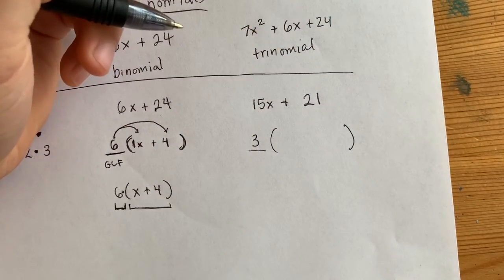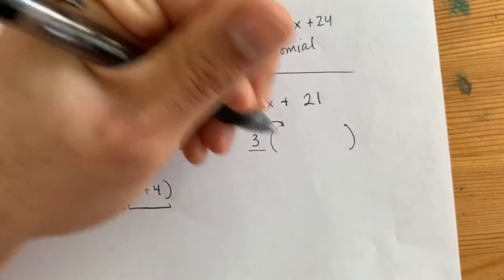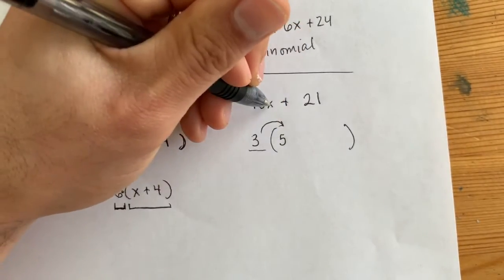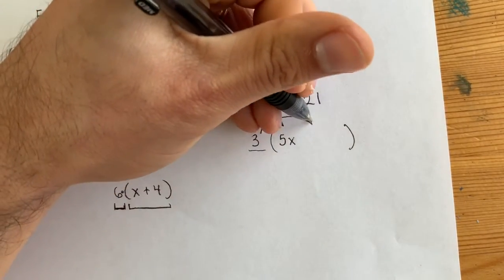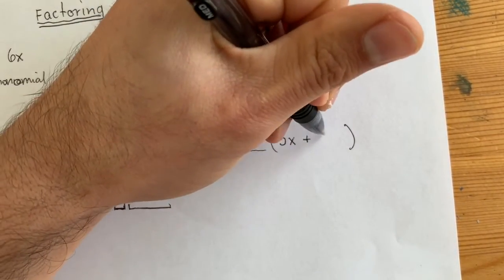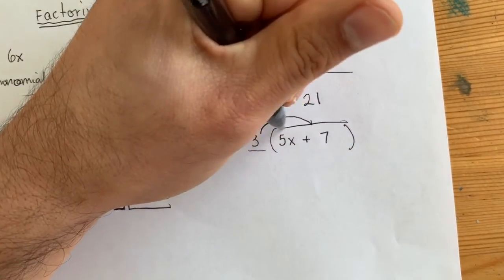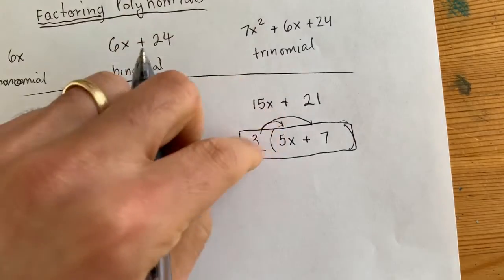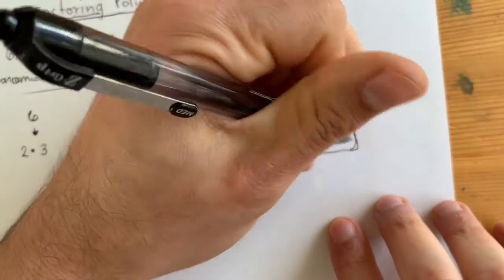So 3 is our greatest factor here. Then 3 times what makes 15 is 5, but we've got to make 15x. And then 3 times what makes 21 would be plus 7. That is the factored version. You can always distribute again and check your answers, but this is the answer right there.